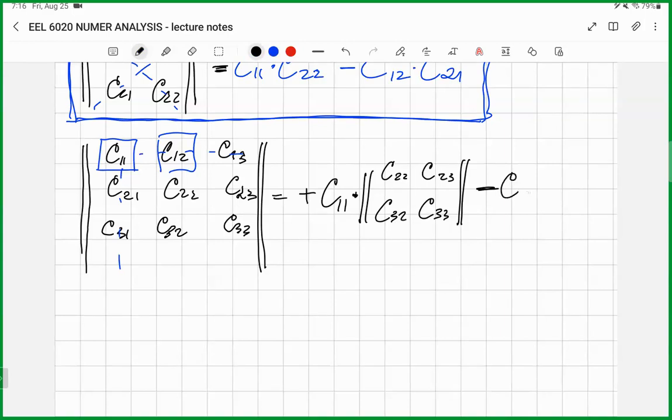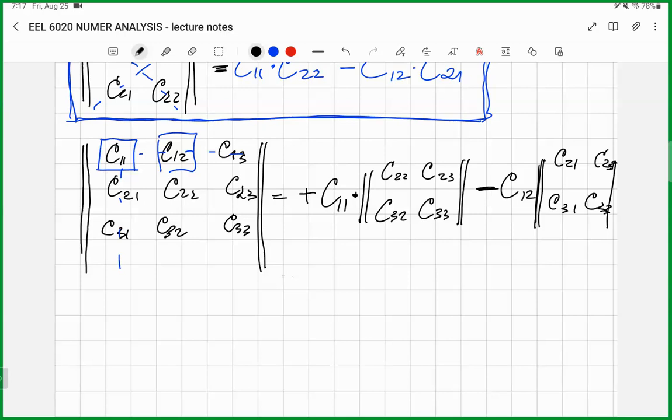Then the element C12, and the determinant of the submatrix left after crossing out the row and column: C21, C23, C31, C33.